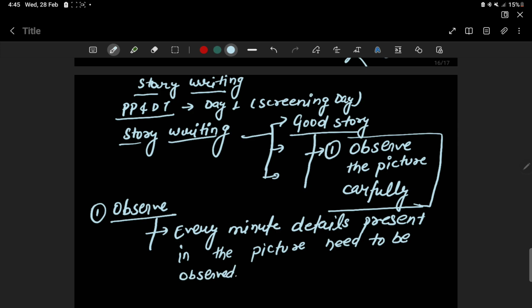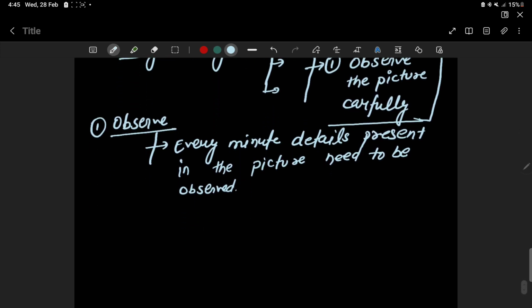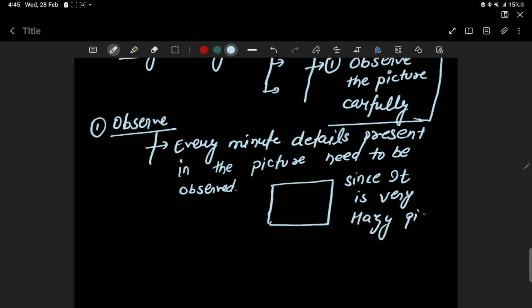What I mean is that sometimes the picture is very hazy, so some details cannot be observed very easily. If you look in the corners or in the background, or sometimes it's a crowded moment, there are minute details present in the background, and you may miss them.